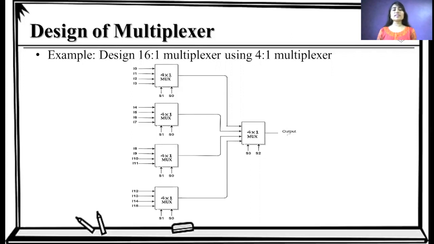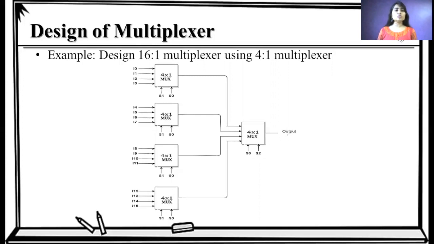So connect this selection line to the 4 cross 1 multiplexer. Now we have 4 outputs over here, but we have to convert 4 outputs into 1 output, as we have the condition to design a 16 cross 1 multiplexer. So this can again be multiplexed using another 4 cross 1 multiplexer.